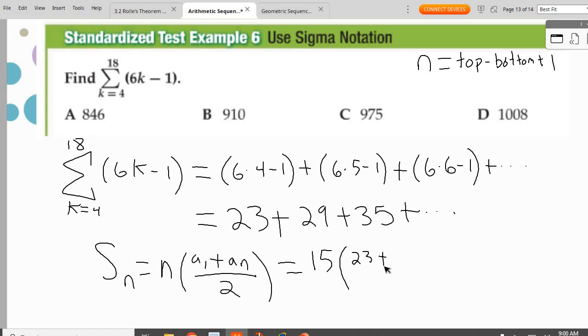So 18 times 6 gives us, well, you have 60, and then what is 6 times 8? 48. So 60 plus 48 gives us 108. And then minus 1 gives us 107.